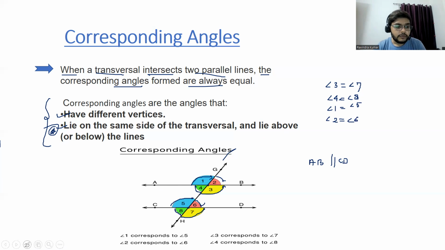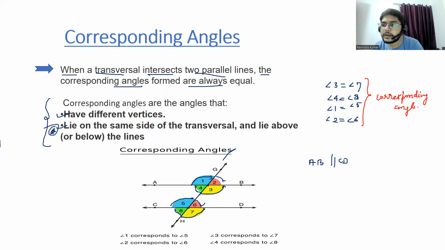Great. Now, do you have any doubt? No. Very good. So these are the pairs of corresponding angles. What is the reason? Corresponding angles. And all the pairs are equal.